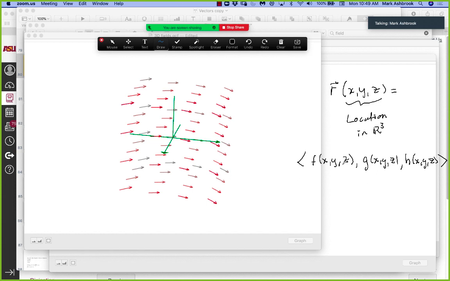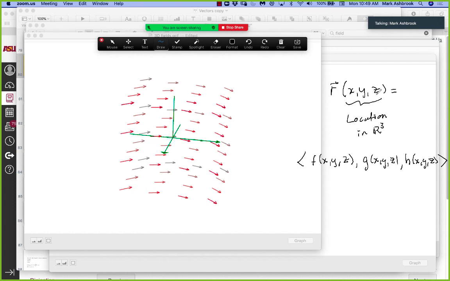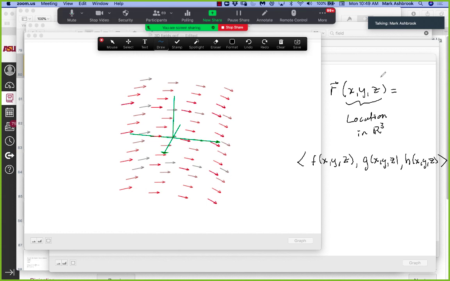So the x component of the vector could be a function dependent on x, y, and or z. Same with the y component, same with the z component. So this is a 3-variable vector valued function. 3 variables is a location in R3, and then the function spits out a vector, in this case a 3-component vector.